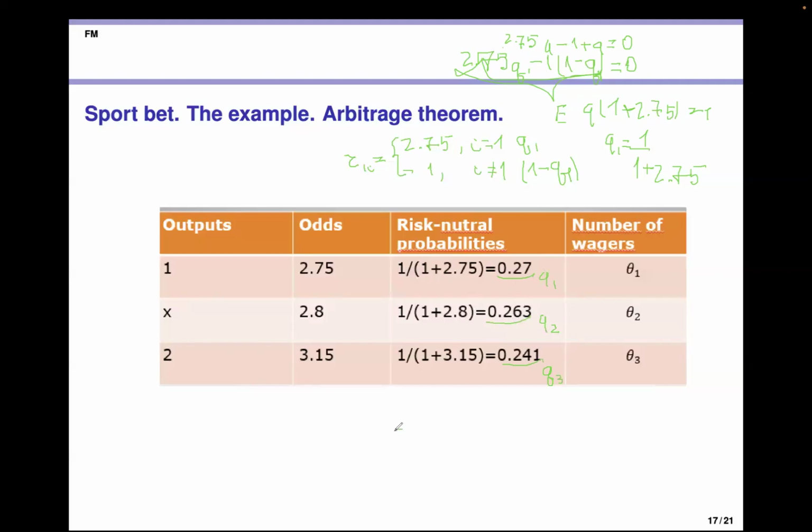The sum of these Q's will be 0.27 plus 0. point this plus this, and it will be less than 1, yes?